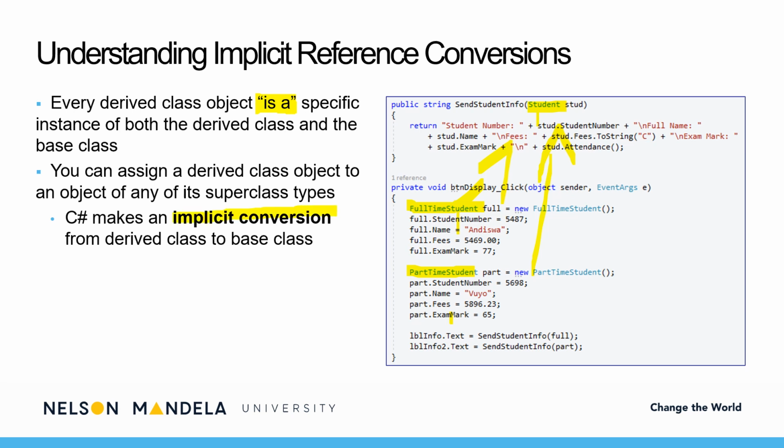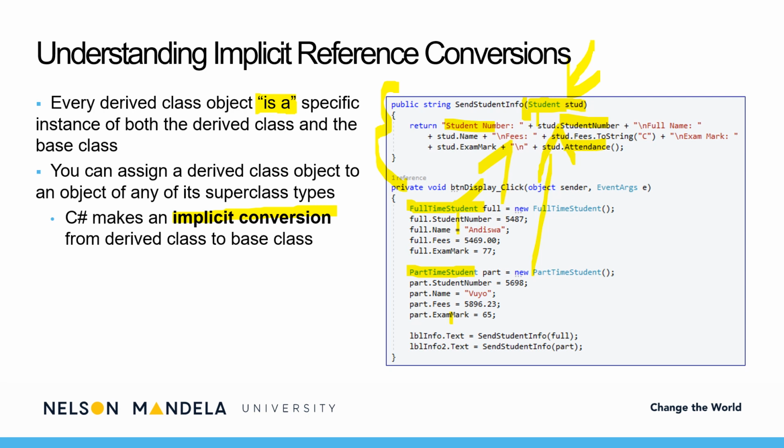Over here, we have a method in our form class, and this method just displays the student number, name, and the attendance. This method has one parameter of type student, and whenever we use this method, we need to pass a type student.